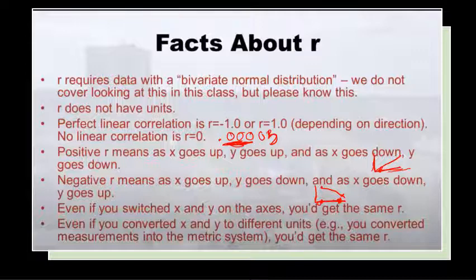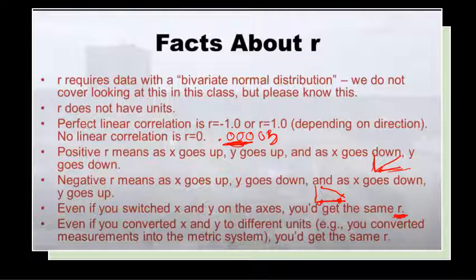Then you also need to know that even if you switch X and Y on the axes, you would still get the same R. R would be the same regardless. So if you made a mistake and switched your X's and Y's, you would still know the direction of your data, even though you definitely don't want to do that because it could screw up other things.